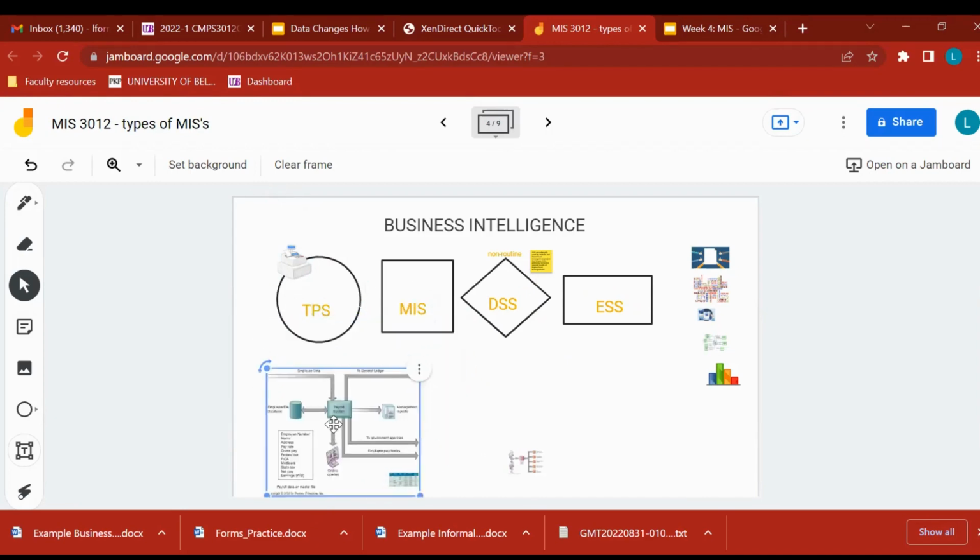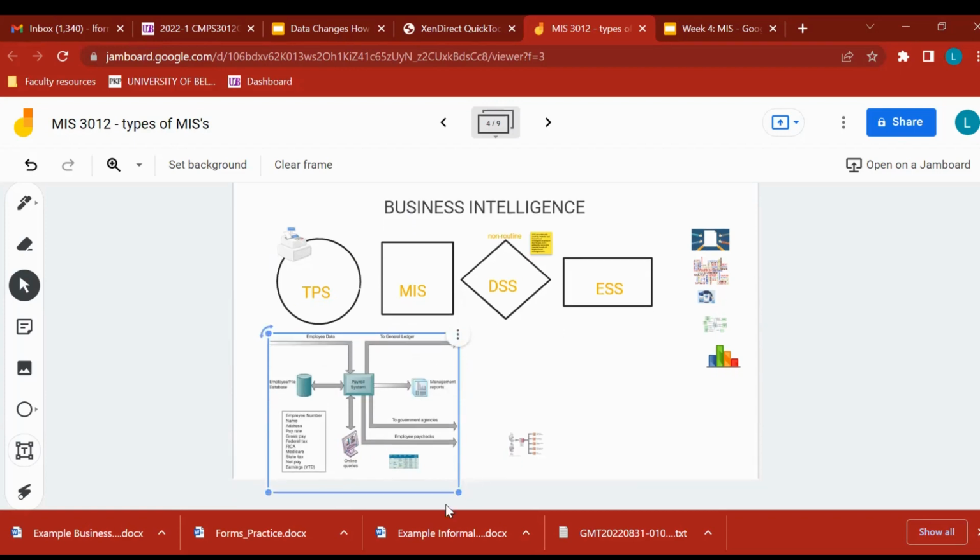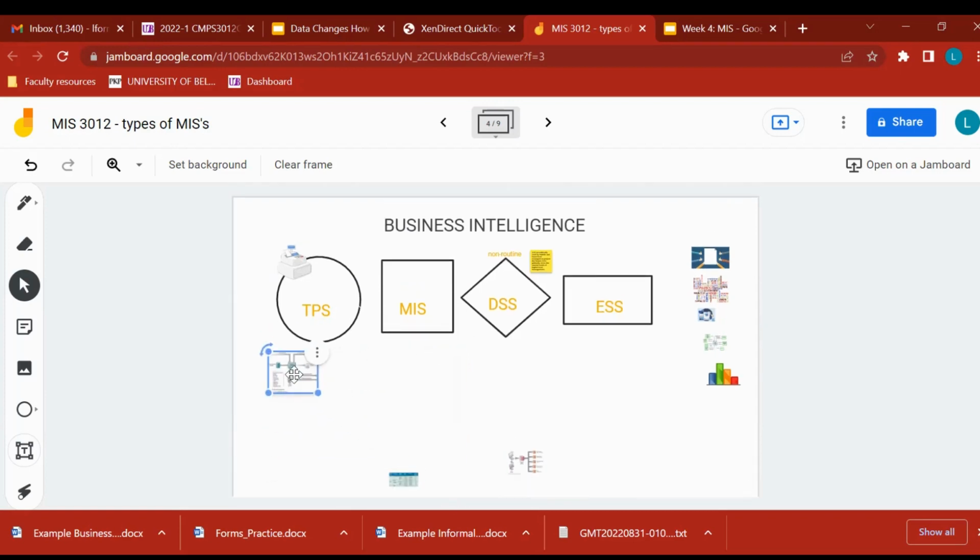So the employee would enter their data that goes into the payroll system, but that was it. The reports that we now get from our information systems are coming from these over here, these 3 that we consider business intelligence systems. Transaction processing system, however, all it did was to log data. We couldn't generate our Excel graphs, etc. from this.